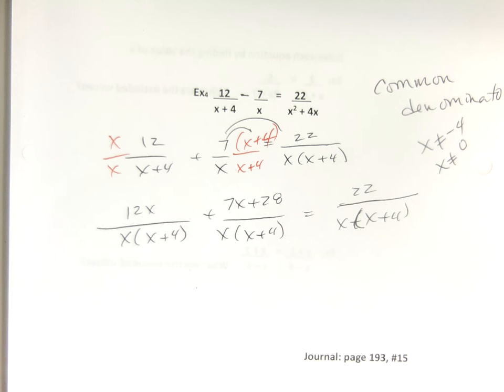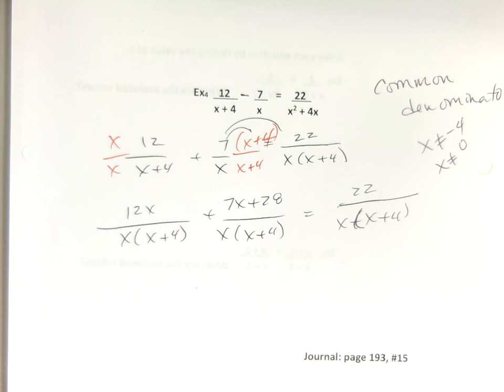Doesn't this fraction cancel both those? Fraction's gone. Isn't that a sweet trick? So if you get to the point where you have a common denominator all the way through, you can just get rid of your denominator because you multiply both sides by the common denominator. Once you get the common denominator, if you multiply by the common denominator, it'll cancel everything out. And what are you left with? Just a pretty easy algebra problem, aren't you?